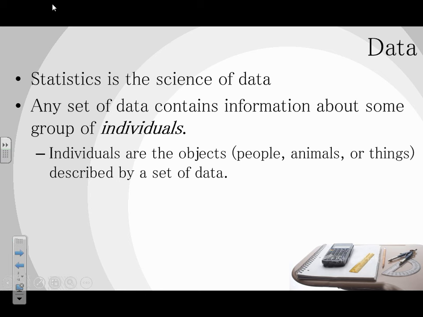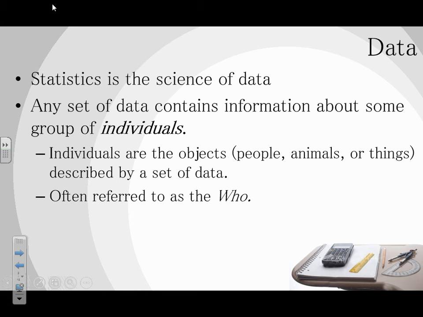So they are the objects that are described by the data set. Okay. Sometimes, depending on the stats book you look at, depending on the website you're on, they might refer to this as the who. Who are we studying in this particular instance?